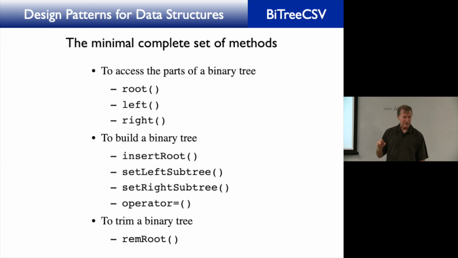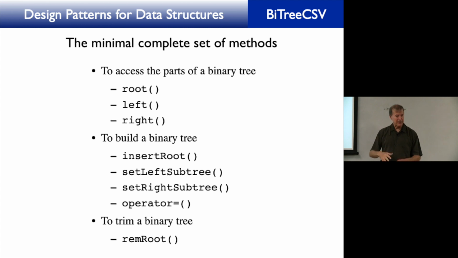So first of all, to access the parts of a binary tree, you will always have the host. And how do you get to those 3 parts of the tree? You have root. Root is a function, right? It's a method. So you have the host's root, the host's left, and the host's right. Are you with me? So that's how you access the parts of a tree.